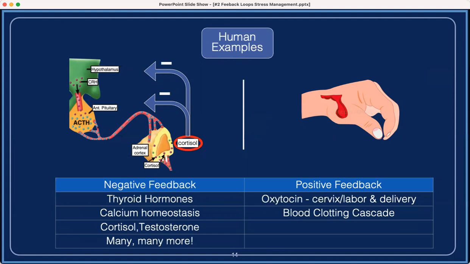The blood clotting cascade uses a positive feedback loop, keeps going until the job is finished. So it's pretty easy to remember. If you're asked a multiple choice question, whether it's negative or positive feedback, you have a pretty good shot at finding everything, just about everything except for two, are negative feedback loops.